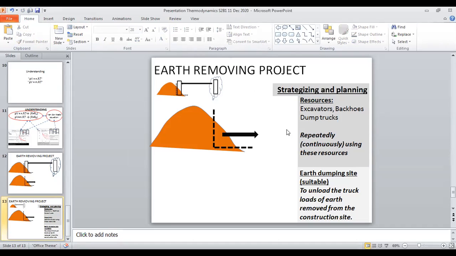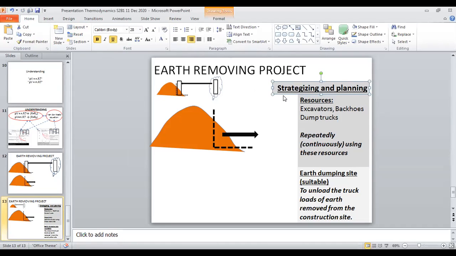Then once you strategize and plan, you know the quantity you need to remove, you know the space of the earth dumping site matching the earth removing quantities, and you know how many trucks and excavators you need, the optimal ones, because you cannot use only one. It takes years because there is a timeline.